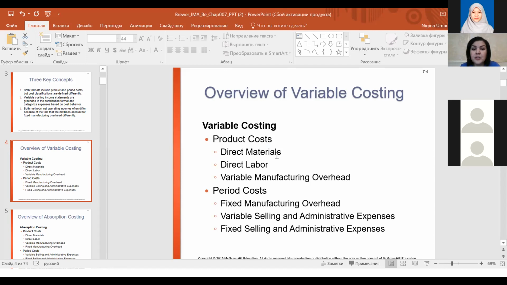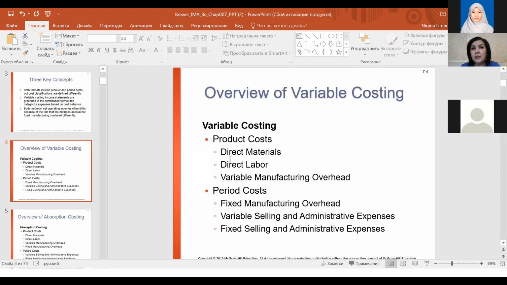Why are direct materials and direct labor variable costs? Because the more units we produce, the more materials we need. Direct labor also, the more units we produce, the more direct labor or workers we need.